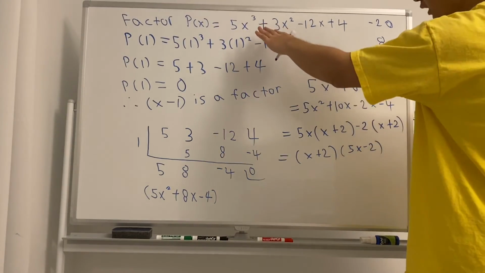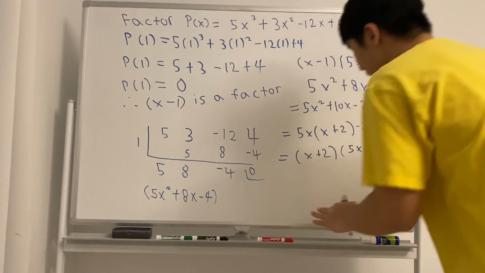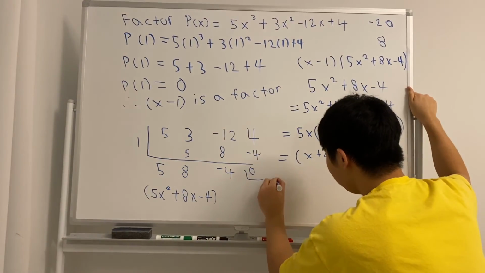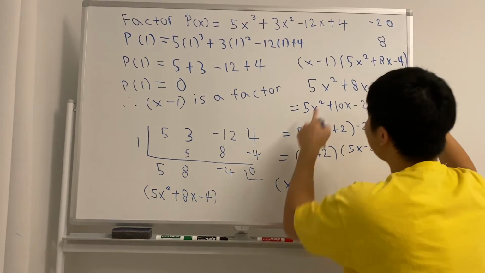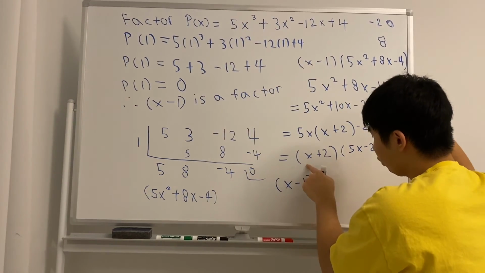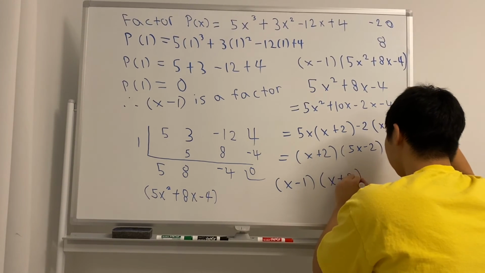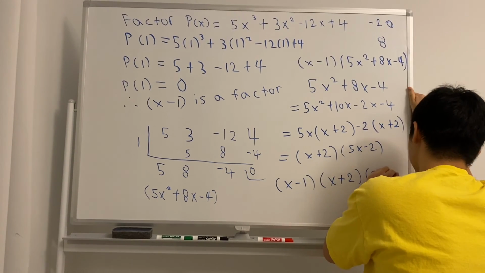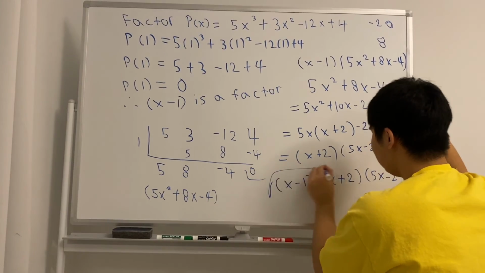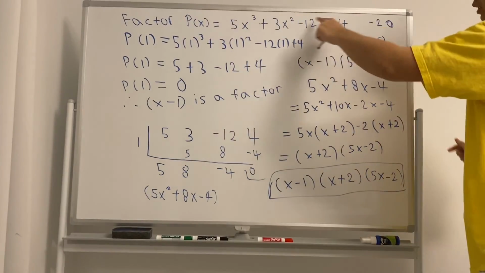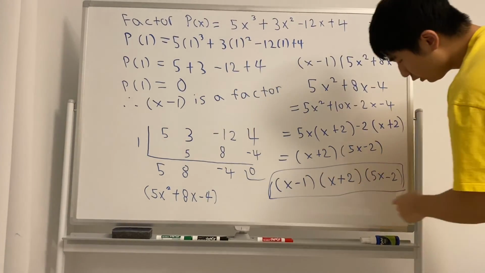So our answer, we're going to bring the x minus 1 down, because this is a factor of the polynomial, and then we're going to write out these factors here: x plus 2 and 5x minus 2. So this is the answer. After we factor this entire polynomial, these are the factors.